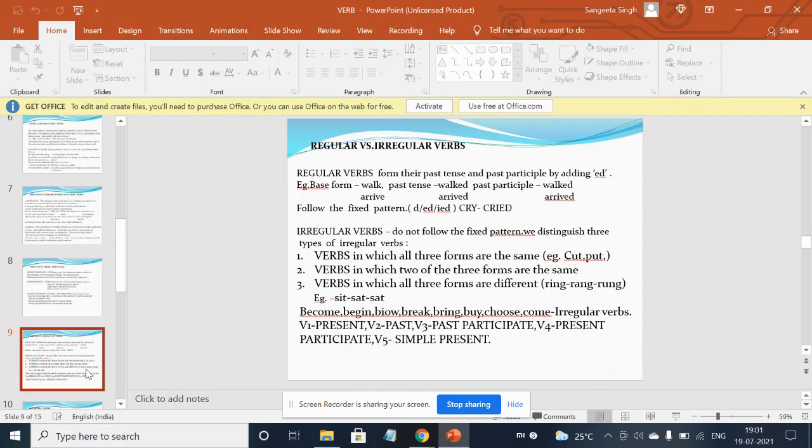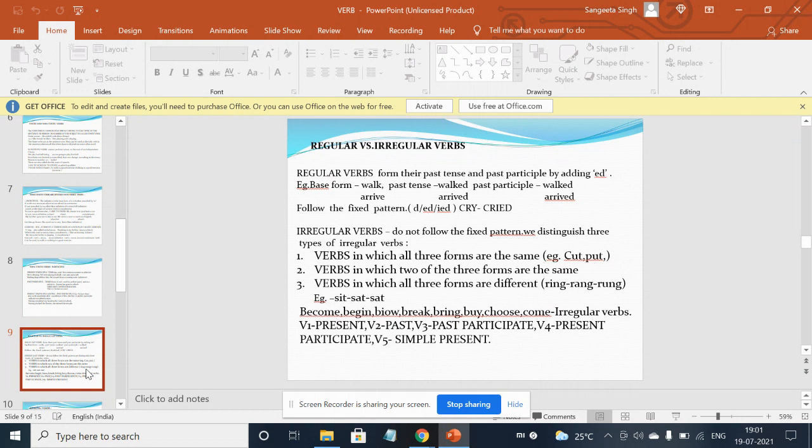Now we can discuss regular versus irregular verbs. Regular verbs form their past tense and past participle by adding ed, d, or ied. Example, walk, jump, past participle is walked. Arrive, arrived.